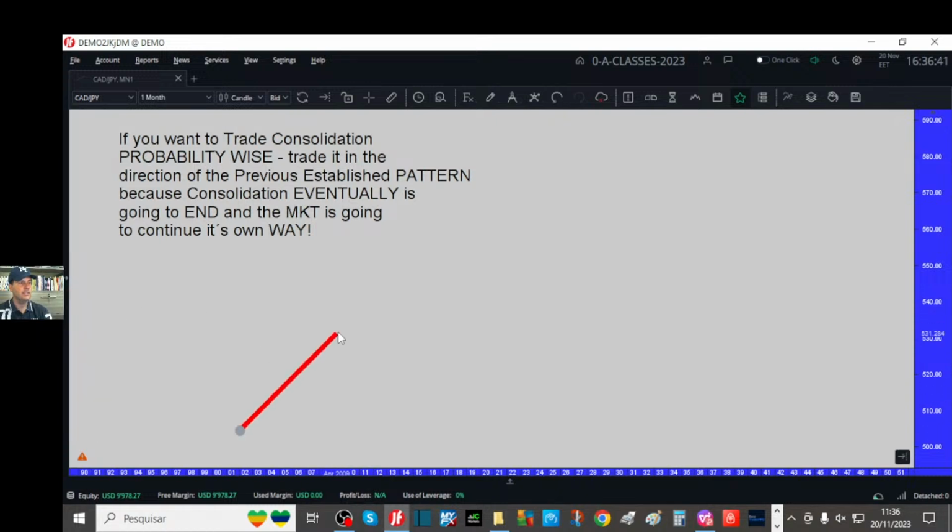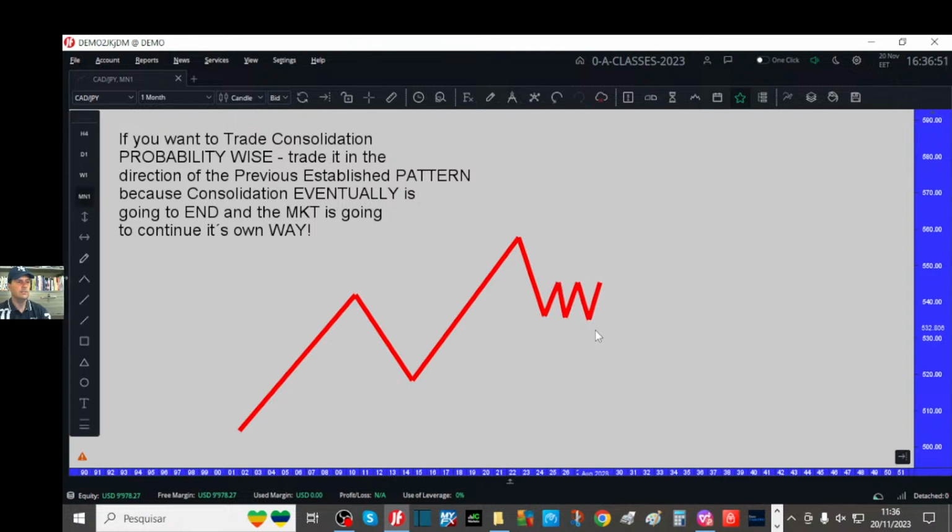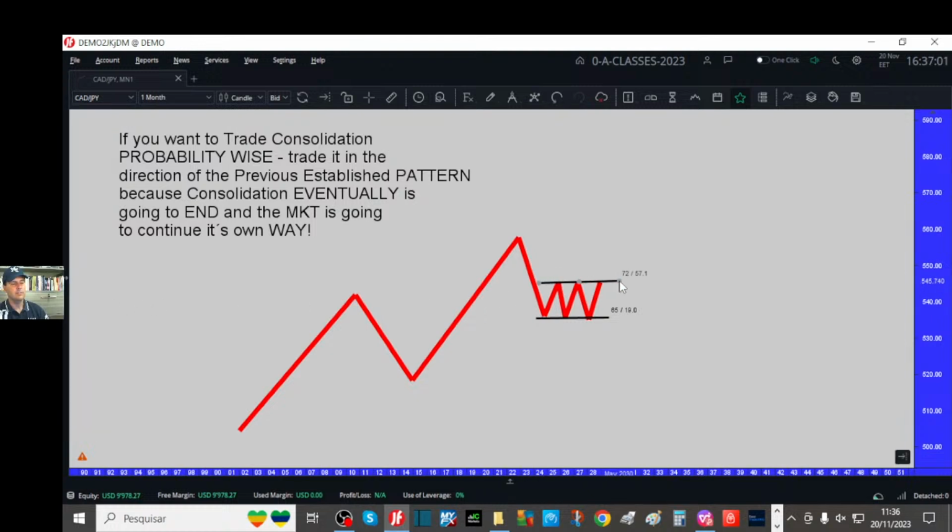If this is the uptrend and consolidation is in here, right? Now you can trade in theory. In theory, you can trade both sides, right?